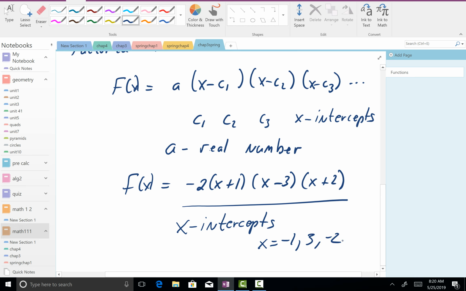And it's always the opposite of those. So those are the x-intercepts. So those are the two ways we can write a polynomial function, either in general form or factored form.